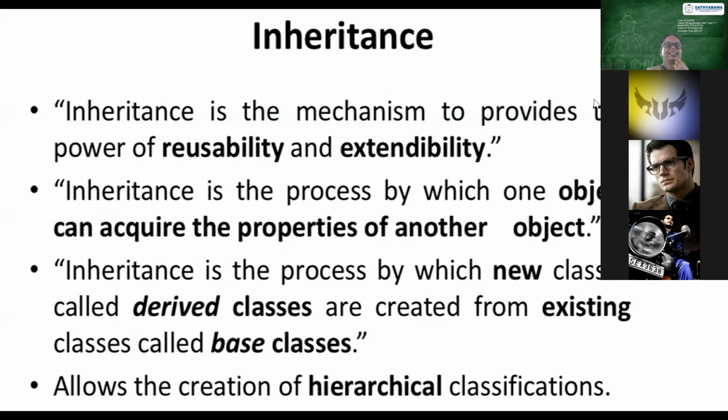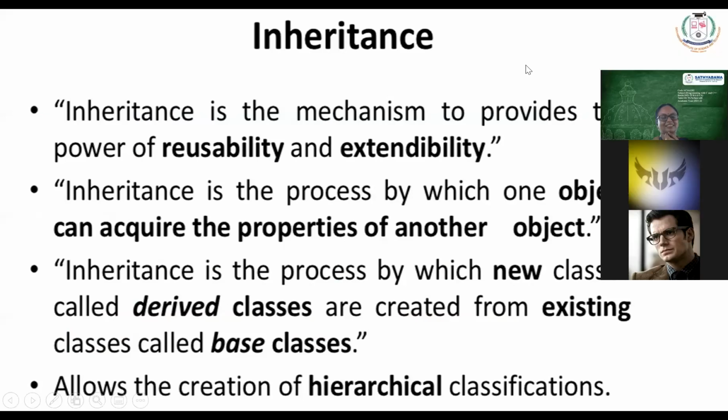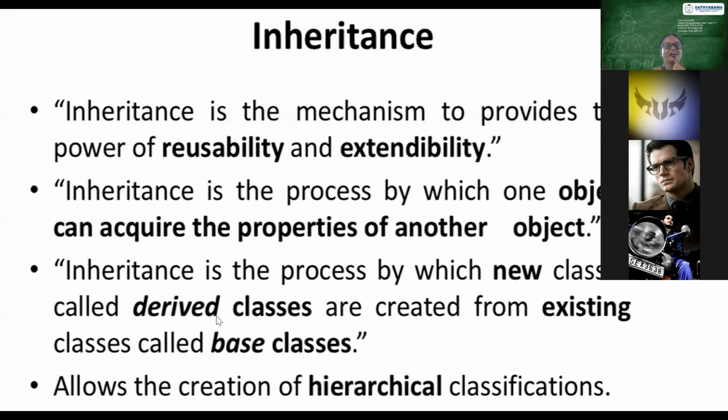That means in inheritance one object can acquire the property of another object. There will be an existing class or base class, and from that I can derive new classes. Those are called derived classes.